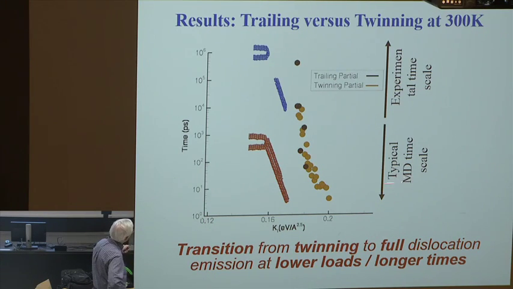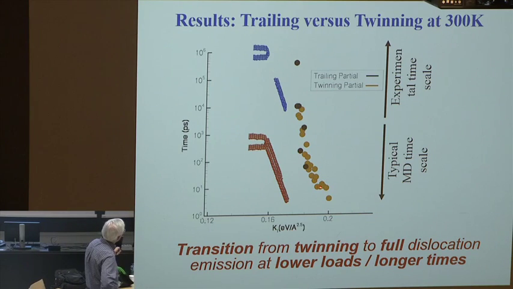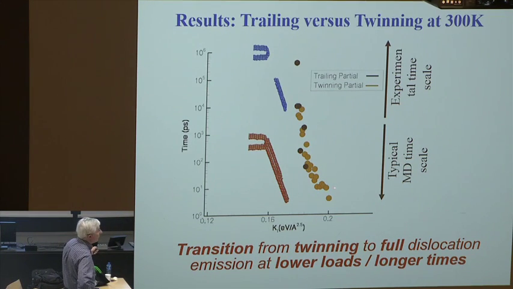And so typically in molecular dynamics, you're down here, and this is why all the reports in the literature give that you see twinning, because molecular dynamics is small timescales and high loads, and at small timescales and high loads, twinning is actually preferred. But experiments are not done on 10 picosecond loading times.